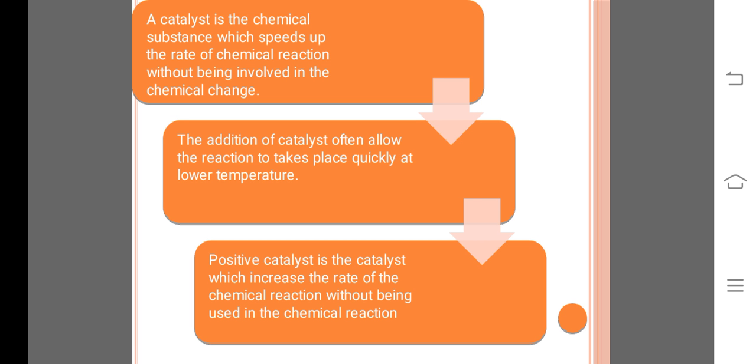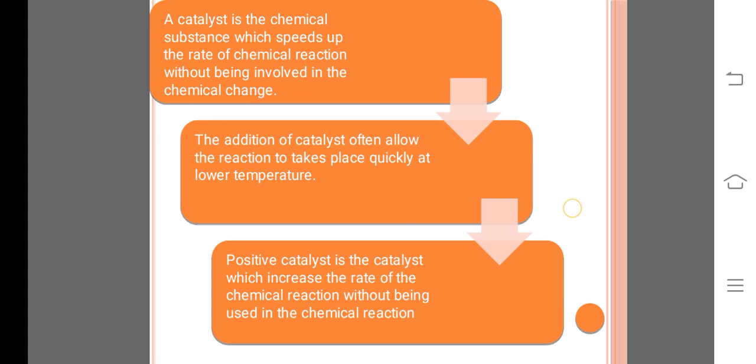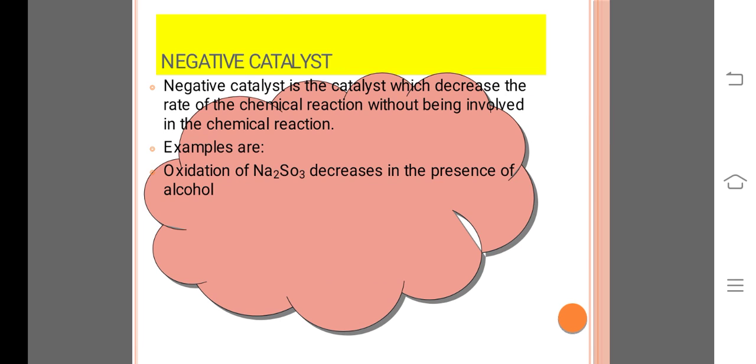So you can clearly understand that a catalyst is a chemical substance which speeds up the rate of chemical reaction without being involved in the chemical change. The addition of a catalyst often allows the reaction to take place quickly at lower temperature. A positive catalyst is a catalyst which increases the rate of chemical reaction without being used up in the reaction. So these are a few examples.